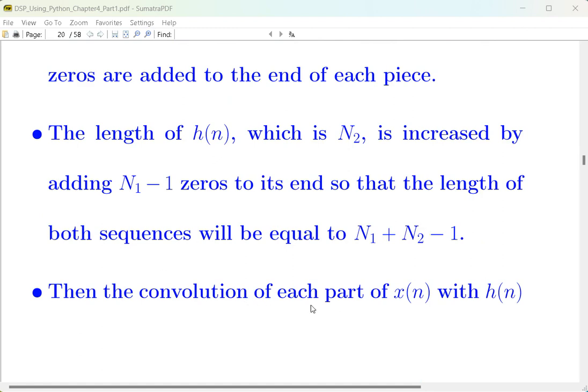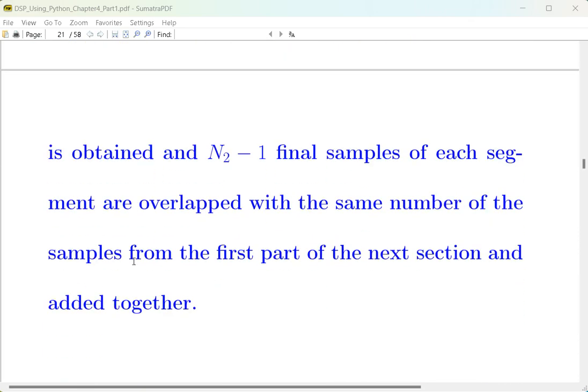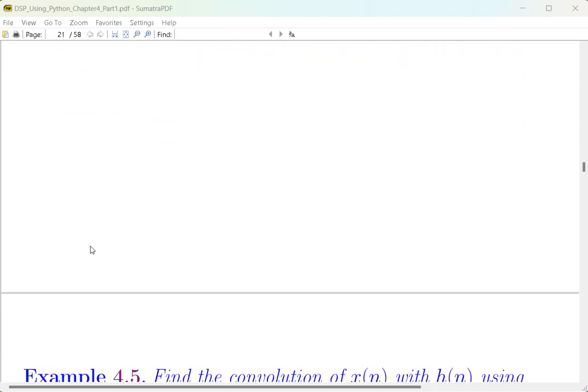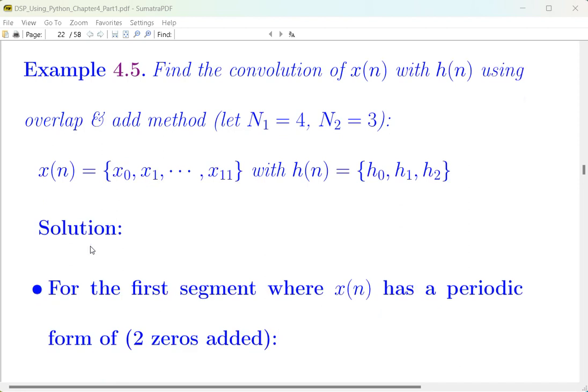Then the convolution of each part of x of n with h of n is obtained, and n2 minus 1 final samples of each segment are overlapped with the same number of samples from the first part of the next section and added together to get the correct result. Otherwise, it will be wrong. Now you'll get the idea, don't worry.